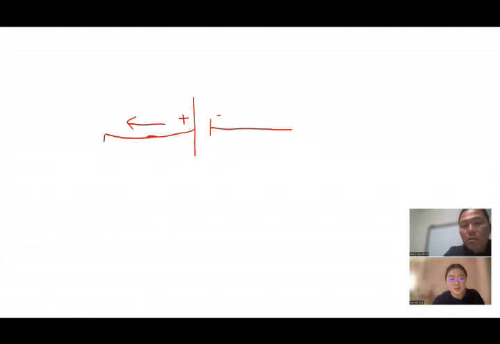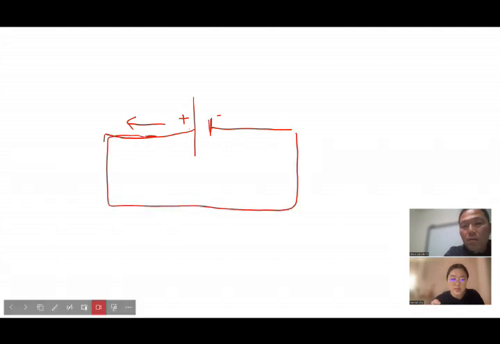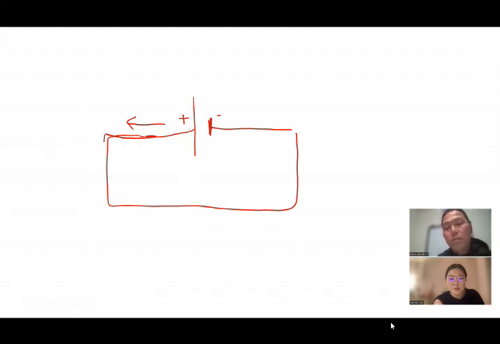It's going to go out the positive and come back to the negative. But if you look at the battery itself, the two different parts, the electric field within that battery is going to go from the positive to the negative, because that's conventional. Electric field always goes from the positive to the negative. So it's going to oppose the direction of the current of the battery.